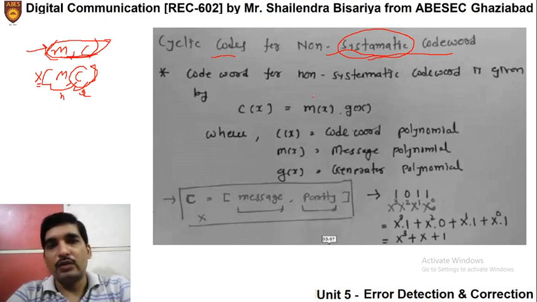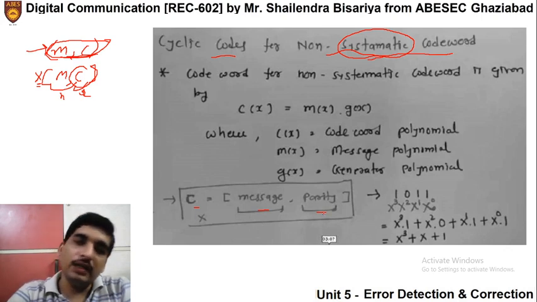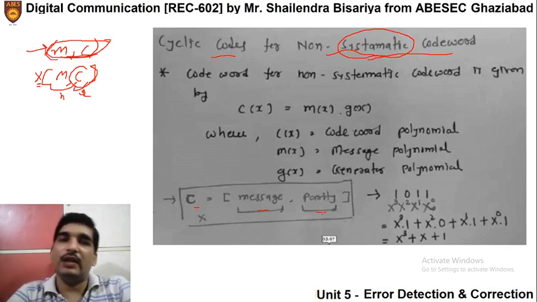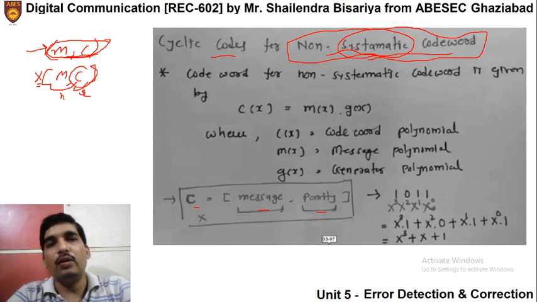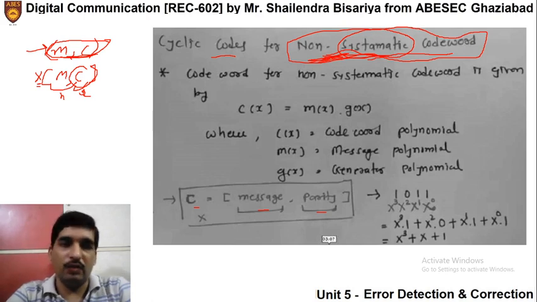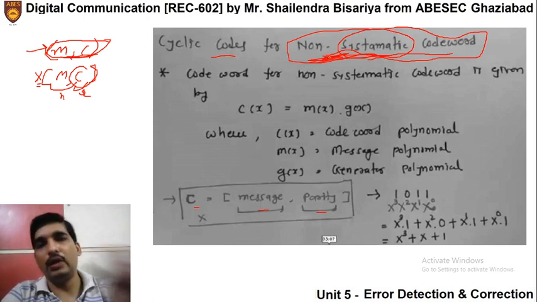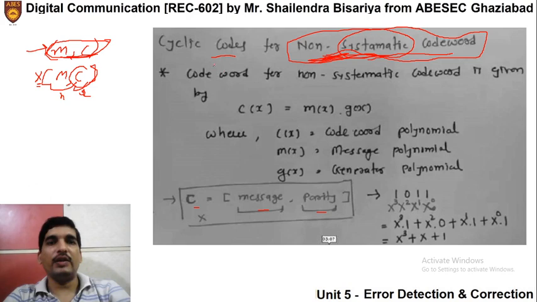As written here, C is equal to message bits followed by parity bits, then it is a systematic code, and if it is not so, then it is a non-systematic code word. First we are talking about non-systematic code words, then later we will talk about systematic code words in order. So first, cyclic codes for non-systematic code words.